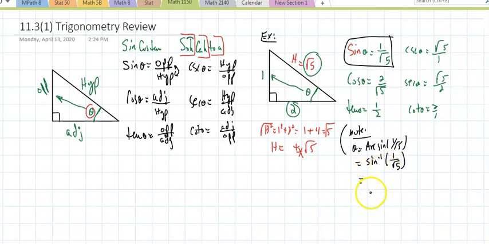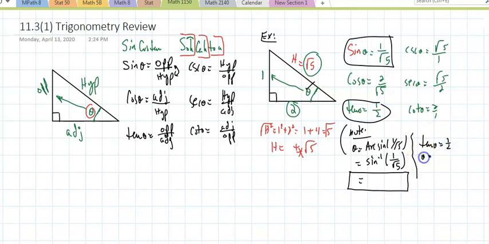And I'll plug this in my calculator. If I am in degree mode, I could figure out what this angle equals by using a calculator. I'll show you how that works. Or somebody might say, well, you know what, I don't want to use sine, I want to use tangent. Well, if tan of theta equals 1/2, then theta will equal the arctan of 1/2, or simply the inverse tangent of 1/2, and that'll do the trick.